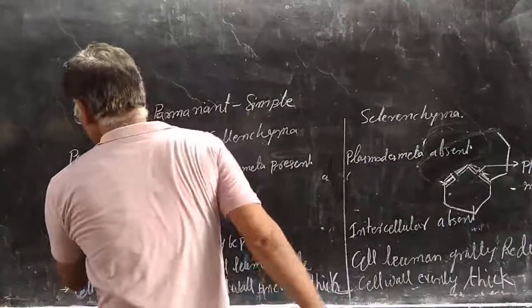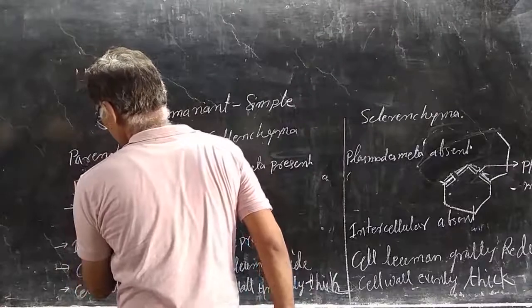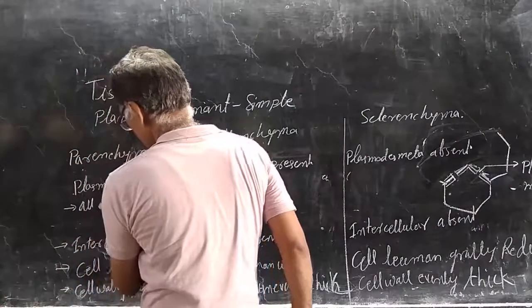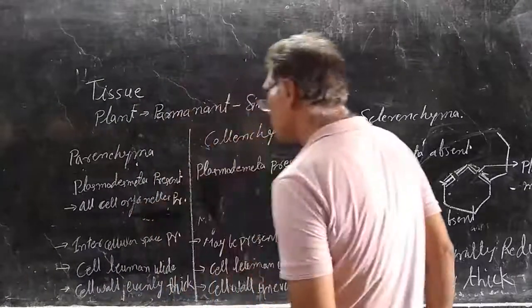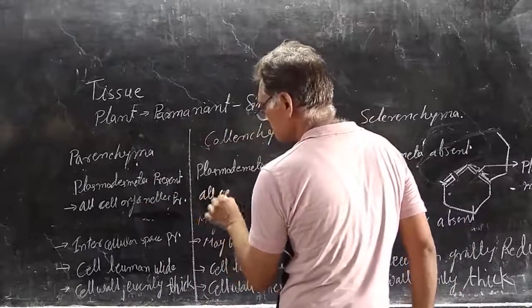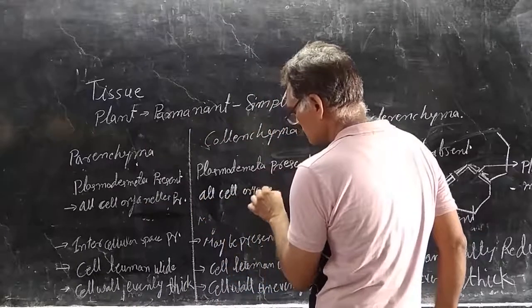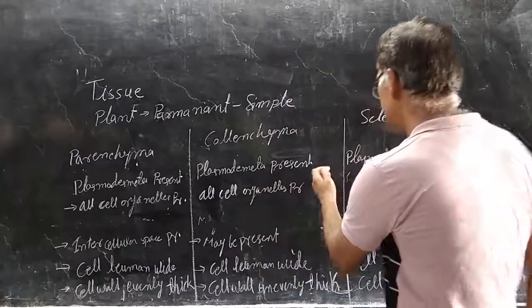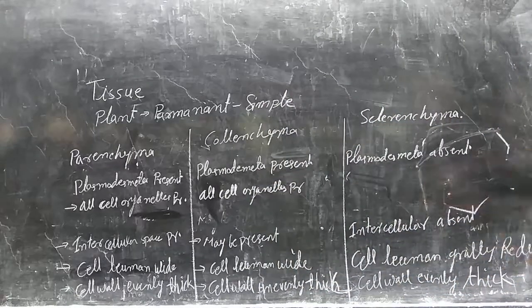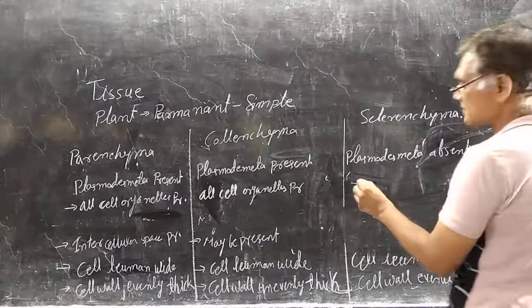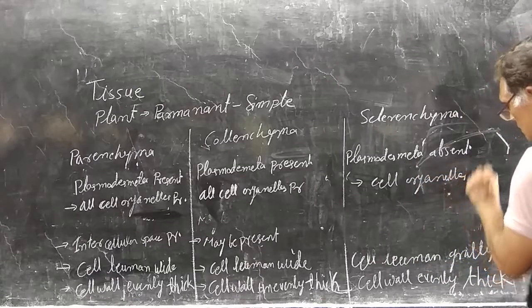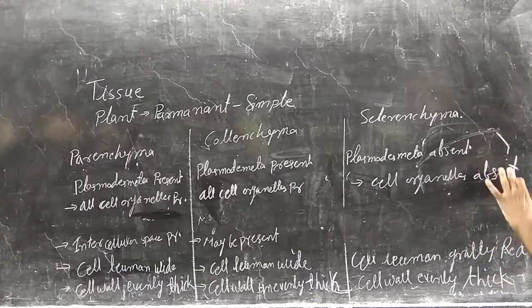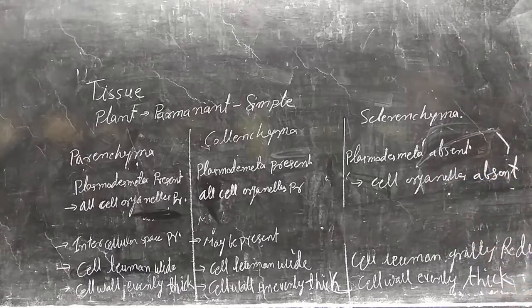In these cells all cell organelles are present. But here these are non-living or dead cells, so cell organelles are absent in the sclerenchyma cells.